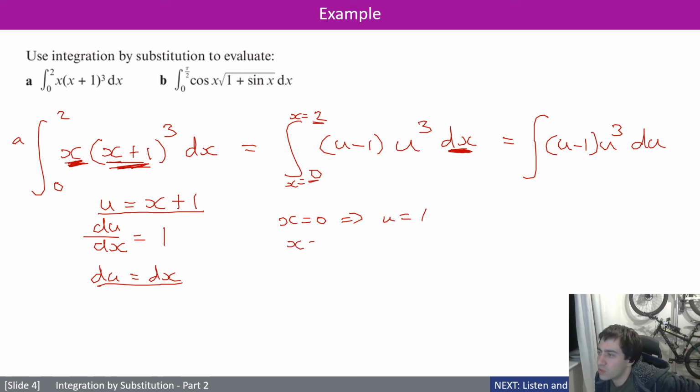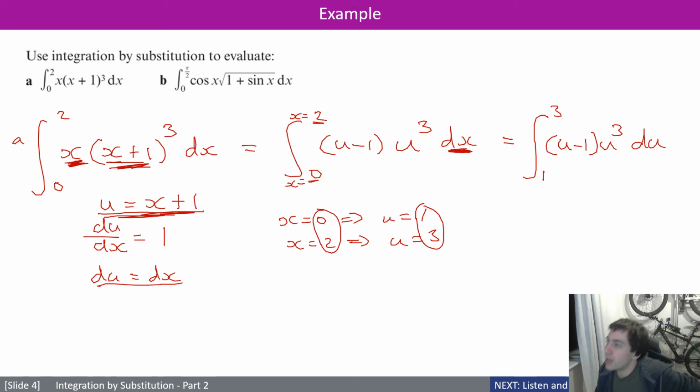And when x equals 2, what is u equal to? Looking back at our original substitution, it's equal to 3. So these two limits, 0 and 2, need to be changed into 1 and 3. So I change it here. And now it's the same, right?